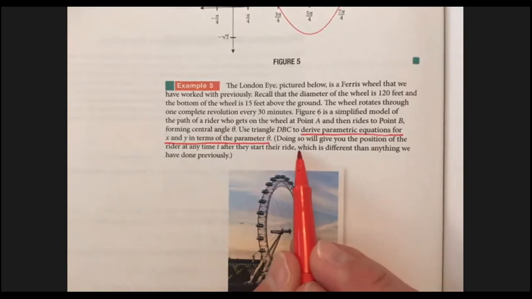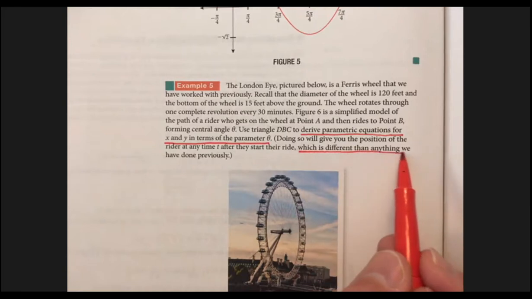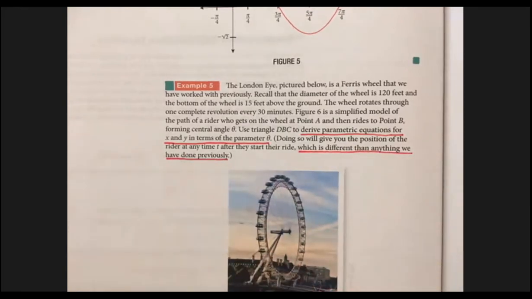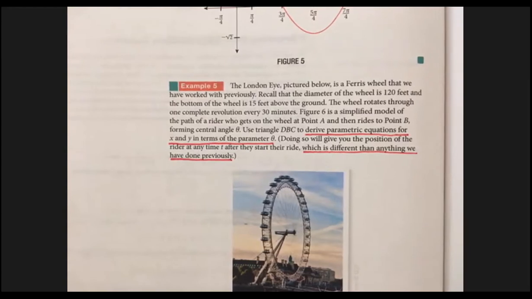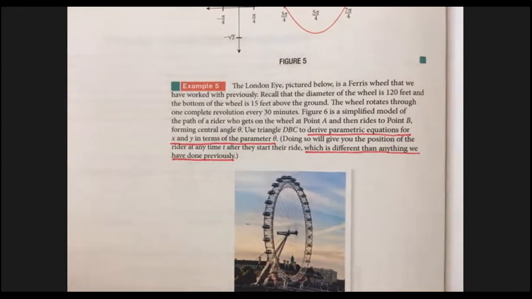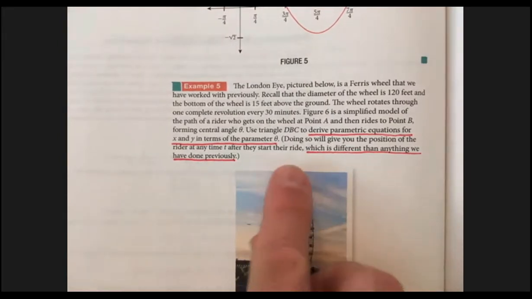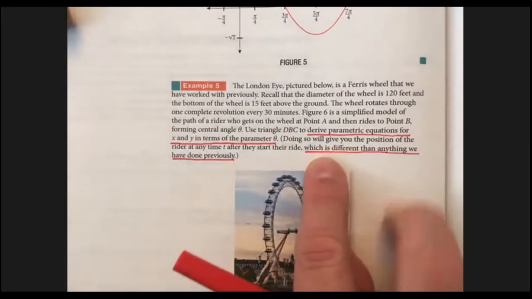And pay attention to his comment, which is different than anything we have done previously. So when you're looking at exam problem number 5, your first reaction is, I haven't done that before. We haven't done that before. And the answer is yes, in a way, but this is similar. And he's trying to warn you right here.